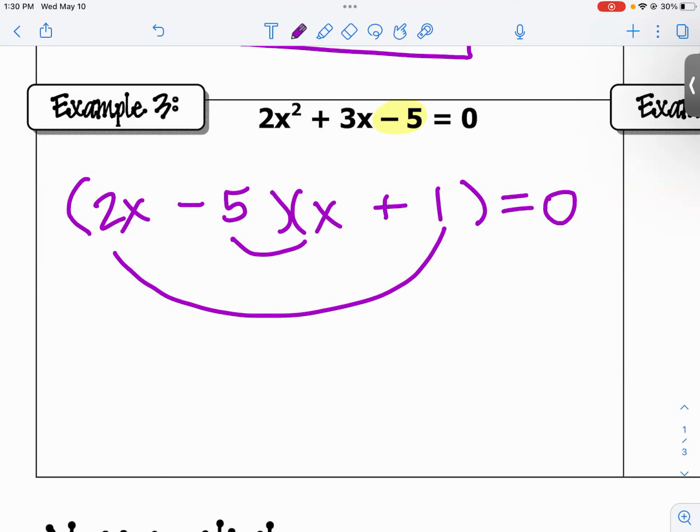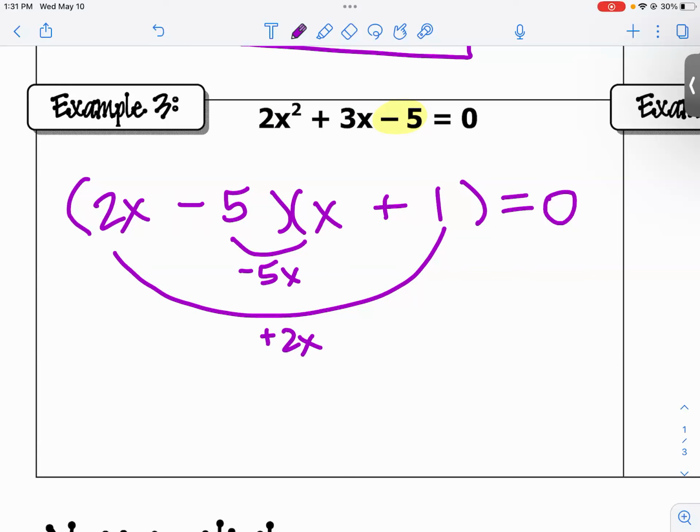Don't get too crazy, they're going to be integers. So is negative 5 times 1 negative 5? Maybe. What does this equal right here? Negative 5x. Positive 2x. What do these add up to be? Negative 3. So you flip that.